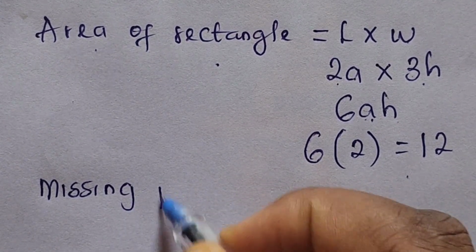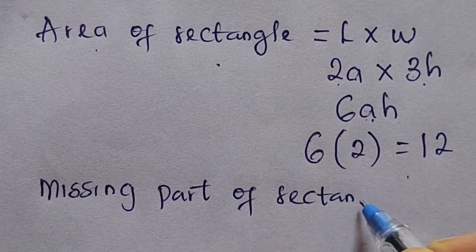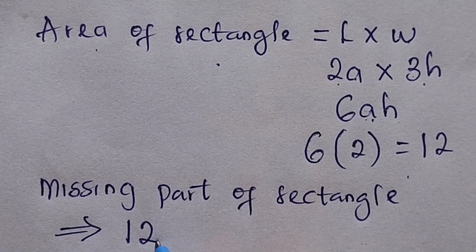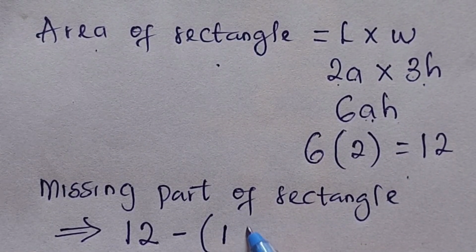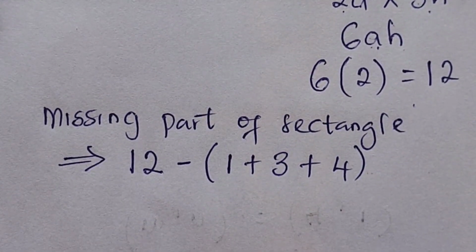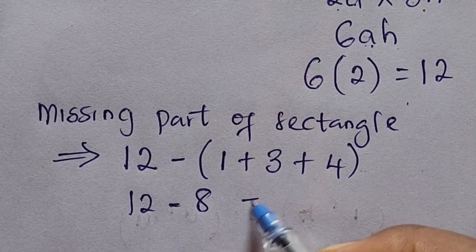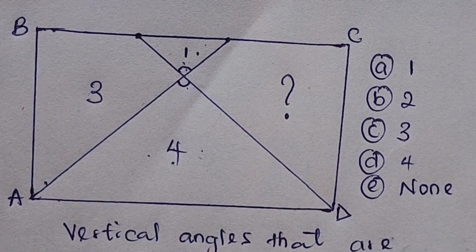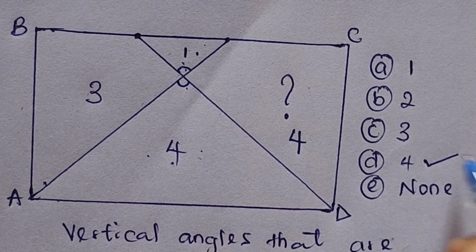So the missing part is equal to the full rectangle, 12, minus the given areas, which is 1 plus 3 plus 4. So we have 12 minus 8. So the missing part we are looking for is equal to 4. So we have the area here to be 4, and the answer is D.